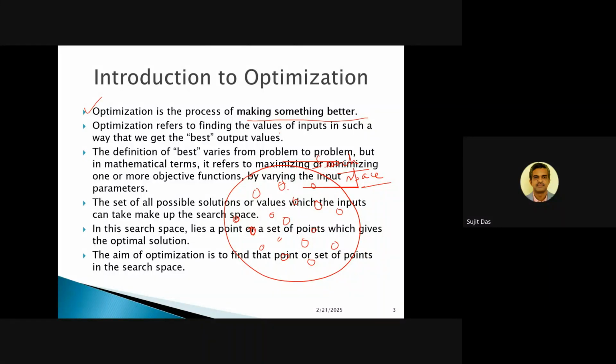Maybe you will start with a single solution. If you start your optimization process with a single solution, what should be your objective? Your objective will be to iteratively update the solution quality. Now, how to update the solution quality? You need to change these parameters.